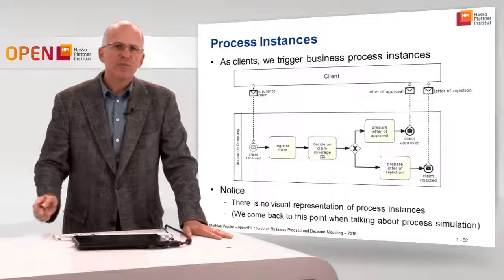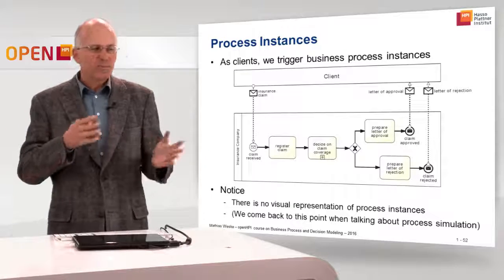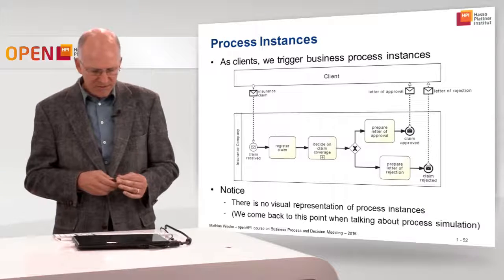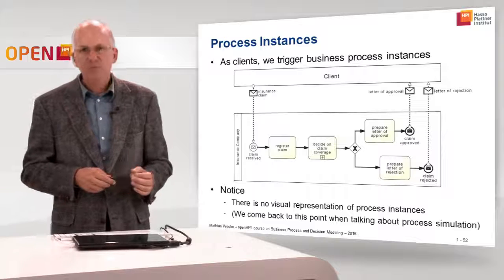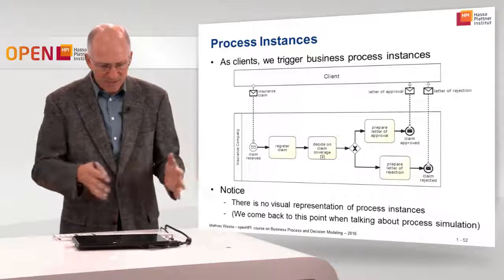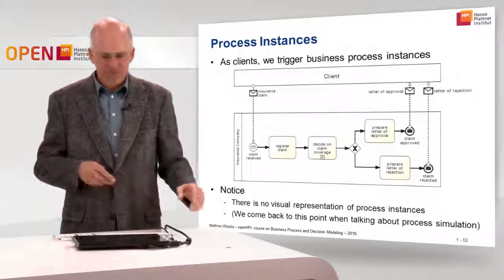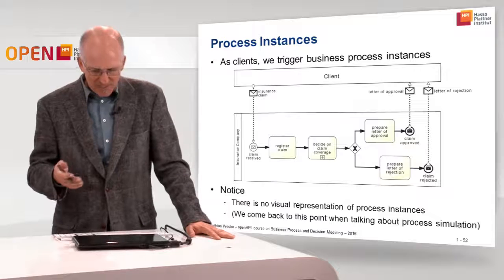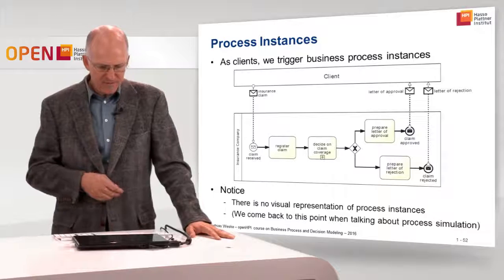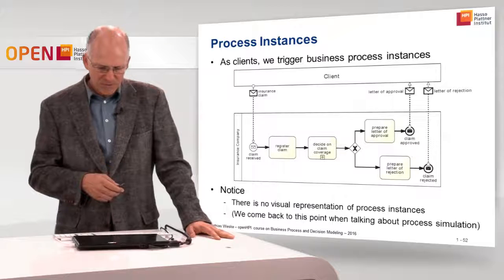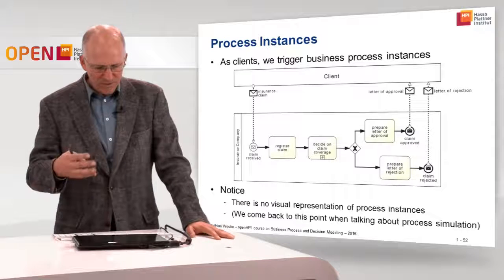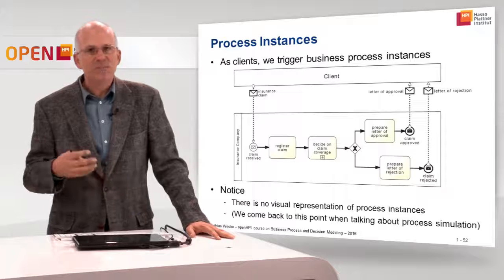Sometimes there is a bit of confusion about models and instances, process models, process instances, and I think in part it's due to the fact that there's no visual representation of the concrete process instances. We only look at the process models, and the process instances somehow flow through this model, and therefore it might not always be very easy to understand what a process instance is, but I try to communicate that each case in the operational business is represented by a process instance.